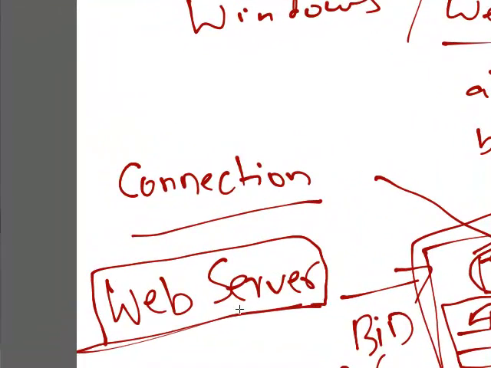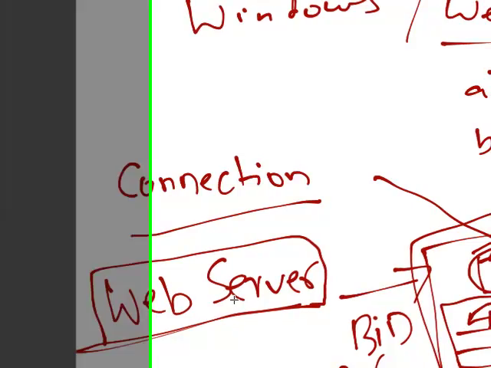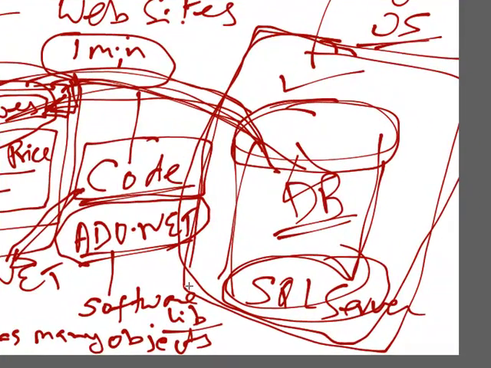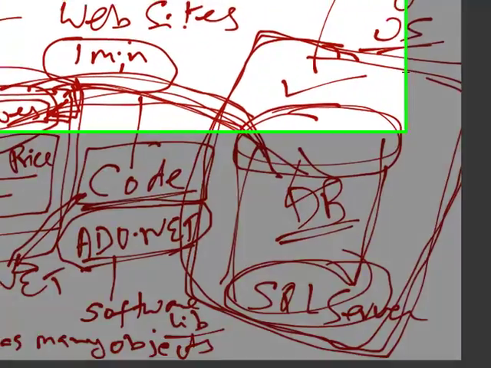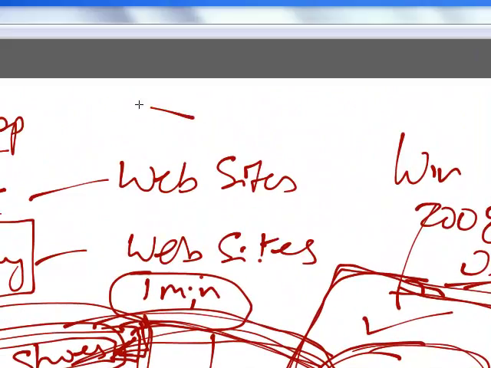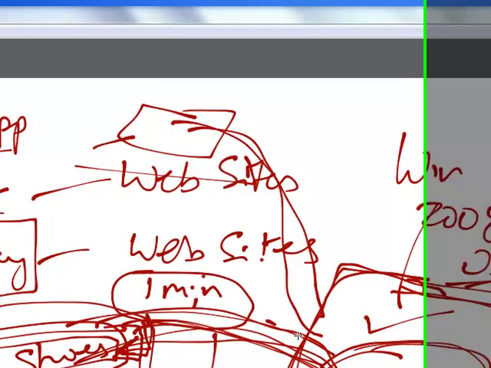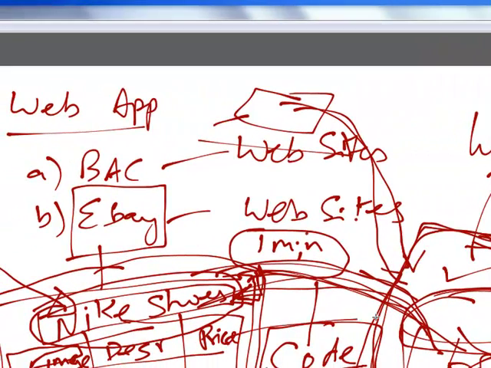What is a web server? What is the job of a web server? Let's say this is your house, and you expect people to come to your house and knock on the door, right? So you have 15 different people that could come to your house.